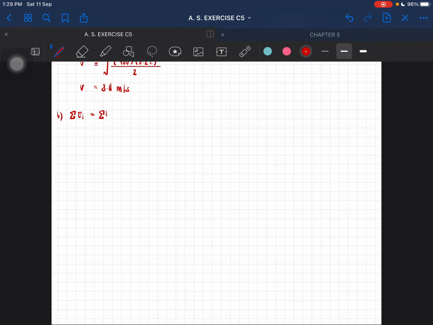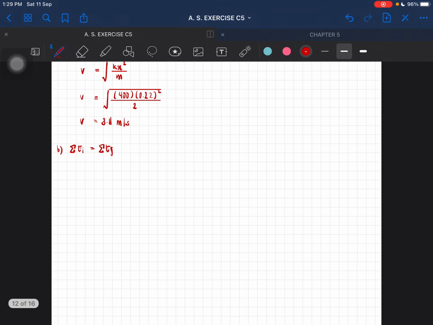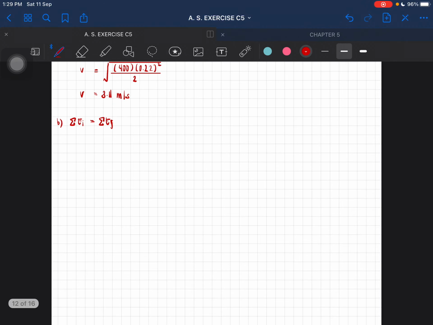Energy. This one is when the block is at the top. Let me try and draw the situation. This is the inclined plane, and let's assume this is the block. Now the block is at the top, so there is a change in gravitational potential energy due to the change in height.